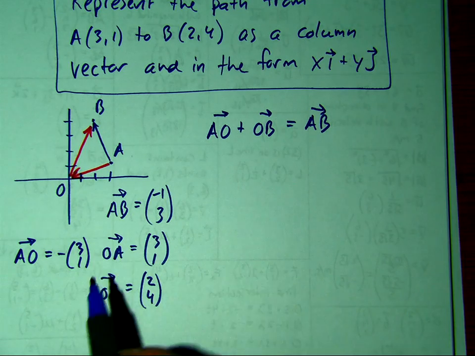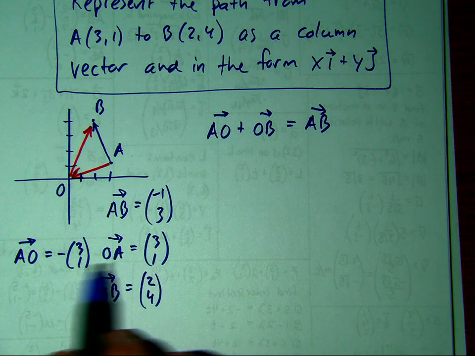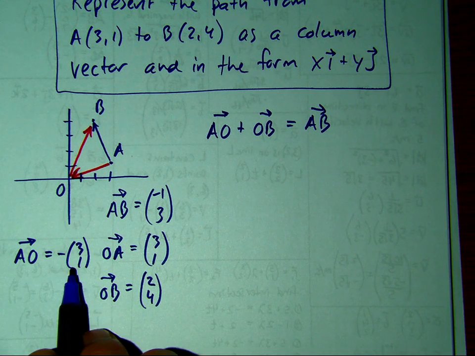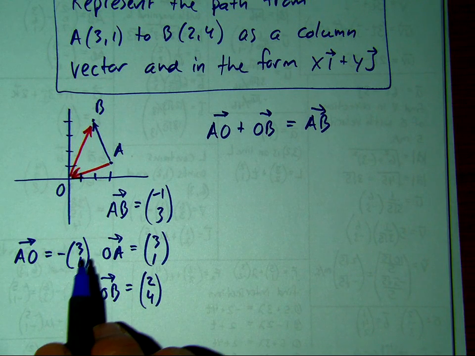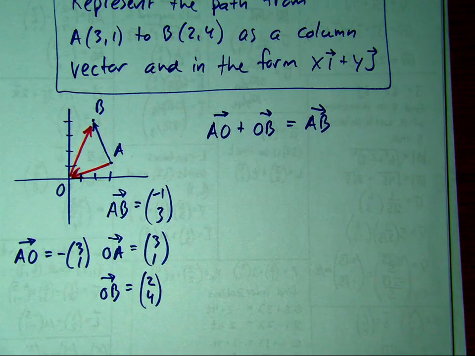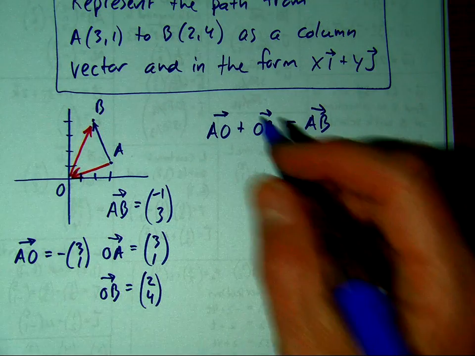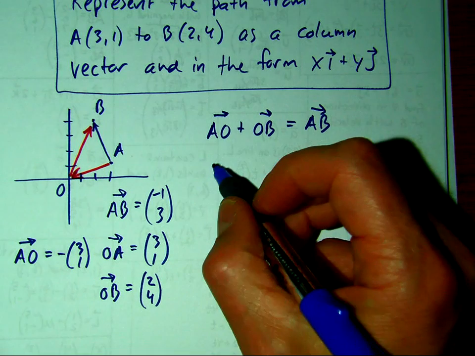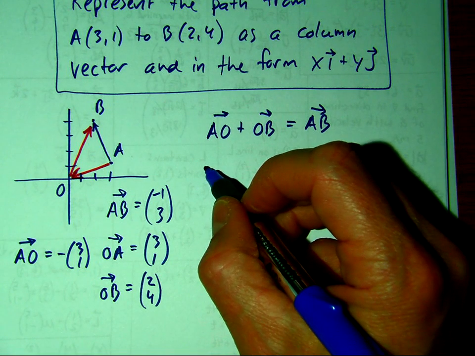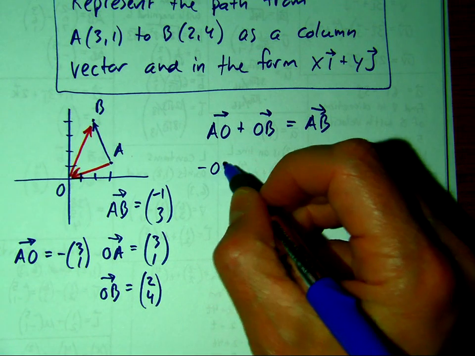So O to A is this. If we switch the direction, we'll have the negative of that. We know for this problem, we need to have A to O. So AO is the negative of OA.